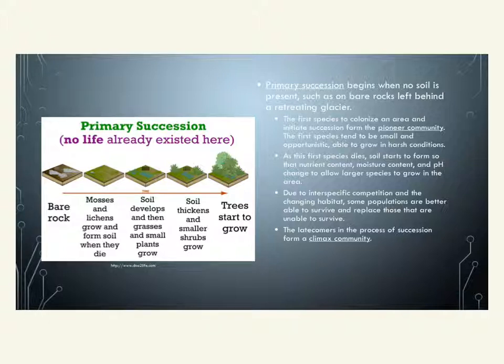The latecomers, as the minerals and nutrients start to build up and allow for different organisms, the ones coming later into the mix, we would call climax communities. And you can see the timeline of what that might look like in the diagram here on this slide.